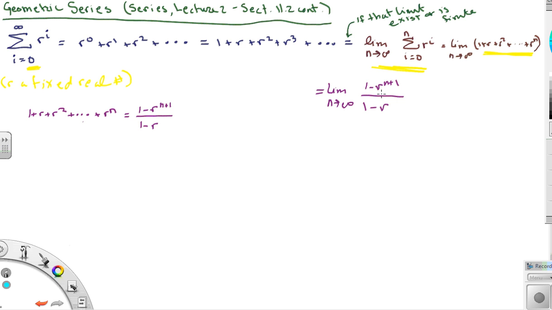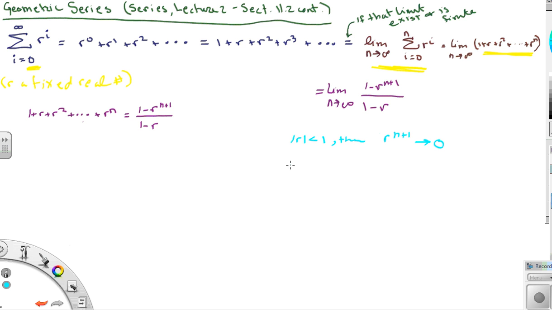What about 3/4? Same there. In fact, if the absolute value of r is less than 1, then r to the n plus 1 is going to what? It's just going to 0.